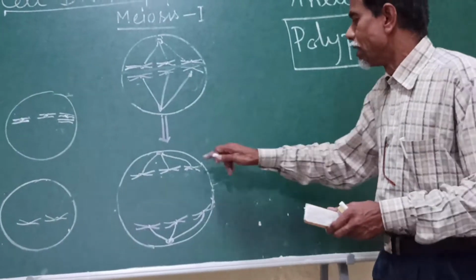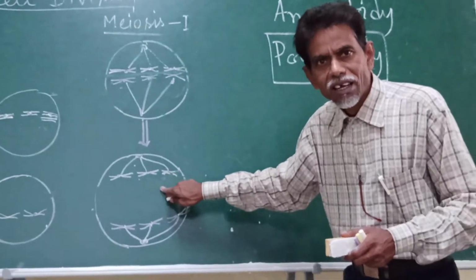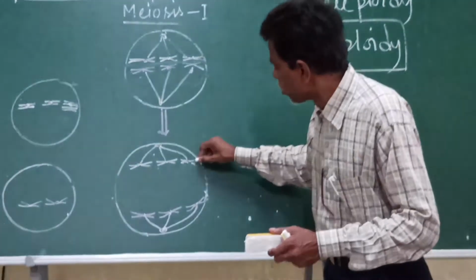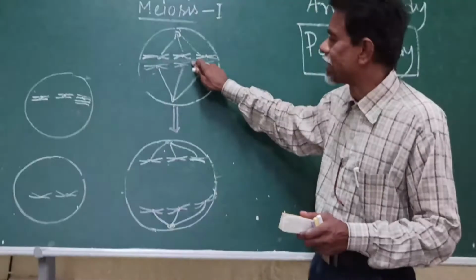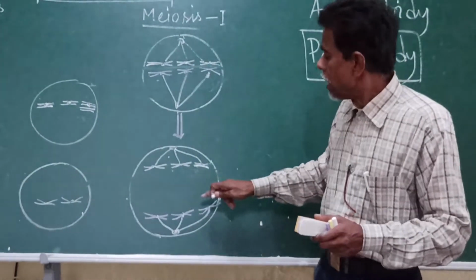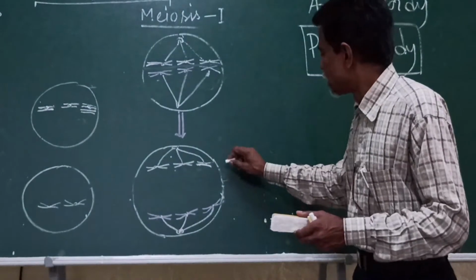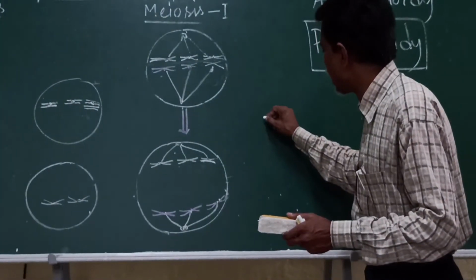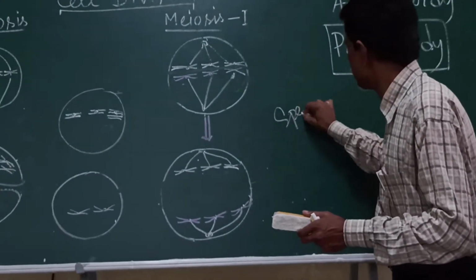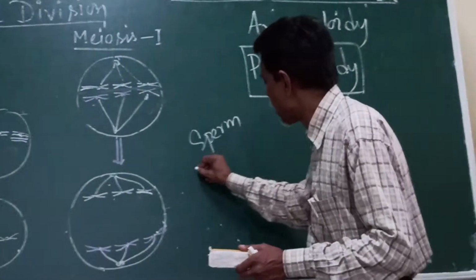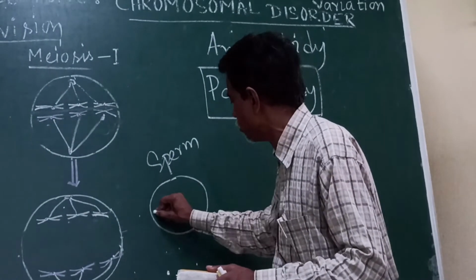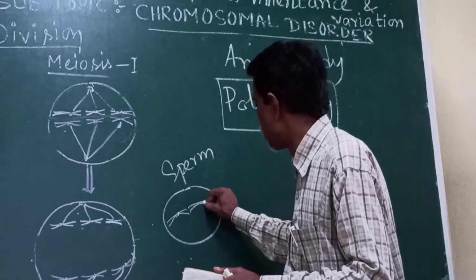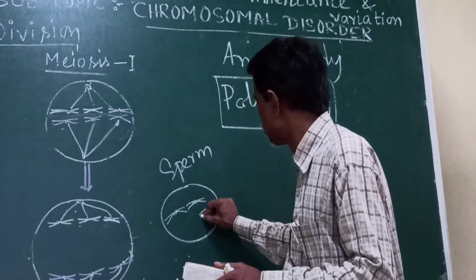As a result, this cell, instead of becoming half, the chromosome number remains exactly as it is in the parent cell. Now when this cell, suppose this is an egg cell, is fertilized by a sperm cell which has the normal haploid set of chromosomes, that is 3 instead of 6.